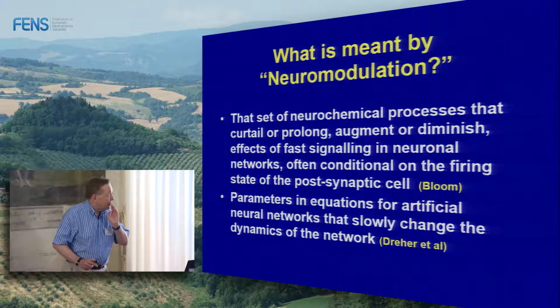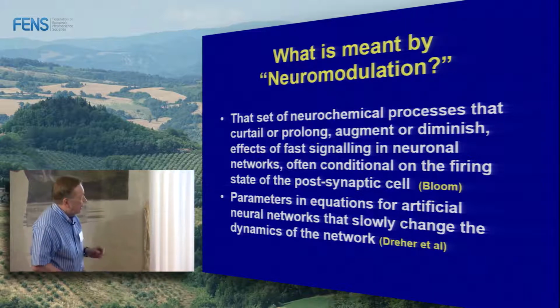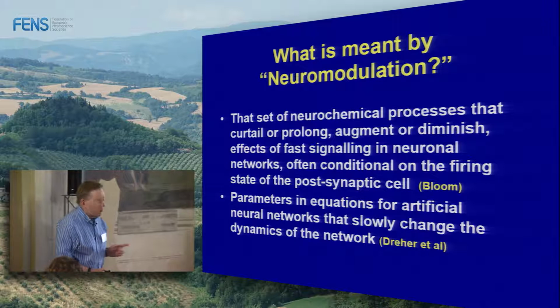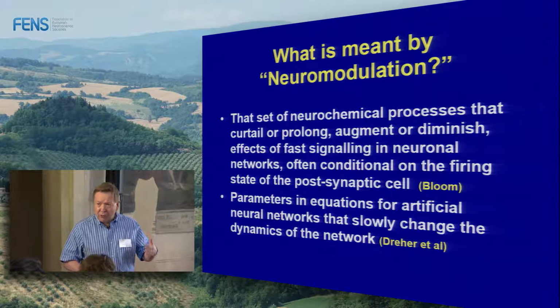So what is meant by modulation? So I've got two definitions here for you from two scientists I admire very much, Floyd Bloom, who's written an outstanding book on the biochemical basis of neuropharmacology.